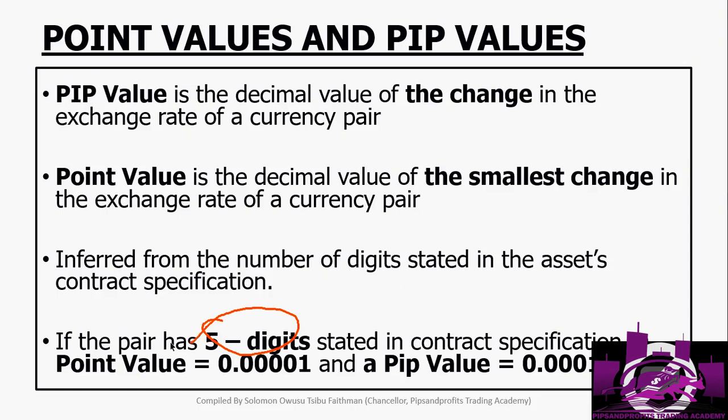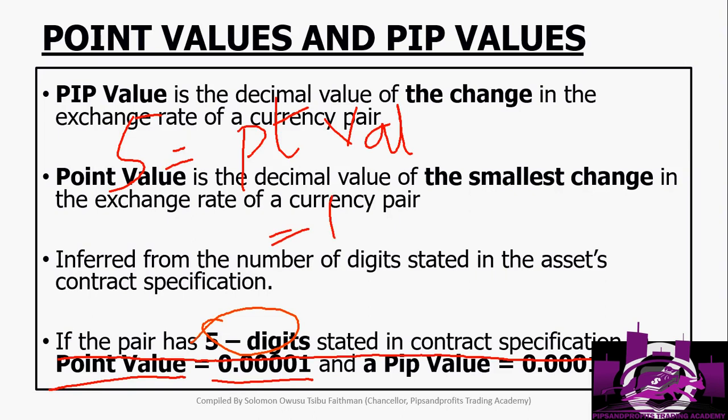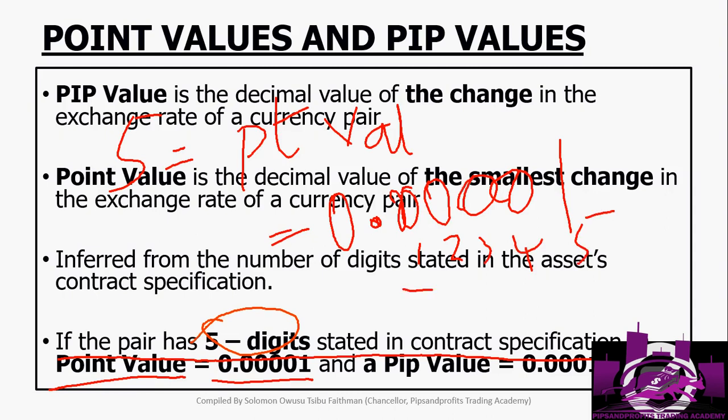Now, take note, if the pair has 5 digits stated in the contract specification, the point value is going to be 0.00001. How many decimal places do we have? 1, 2, 3, 4, 5. So we have 5 decimal places.